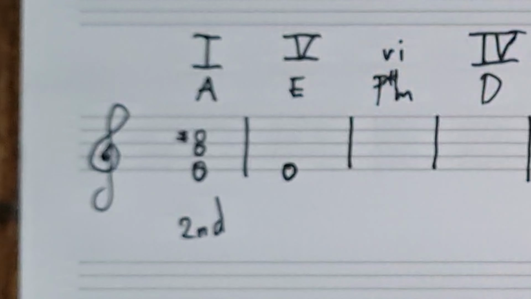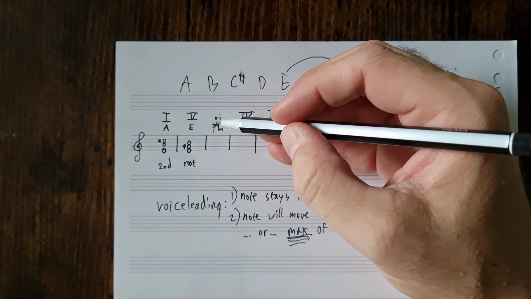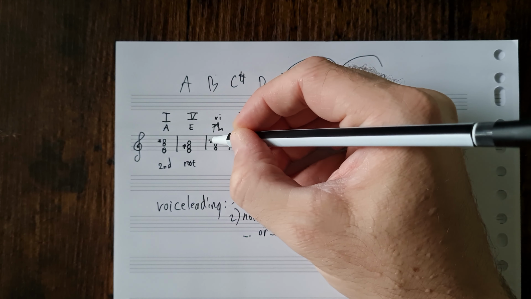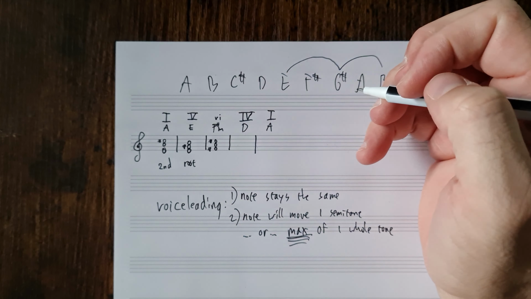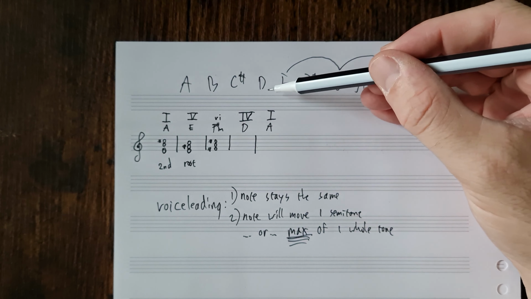Now we're going to move up. We're moving in seconds here. We know each note is going to change and each note is going to go up. So there's really not much you need to think about. C sharp, F sharp, and D. D contains the notes D, F sharp, and A. F sharp and A, we already got those, so we can just keep them.